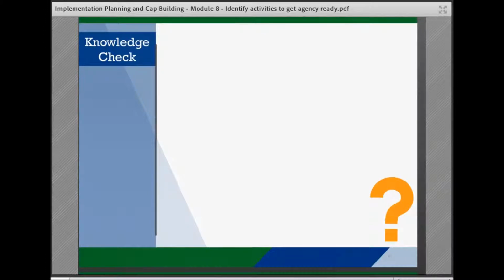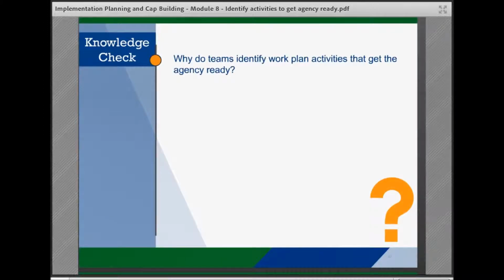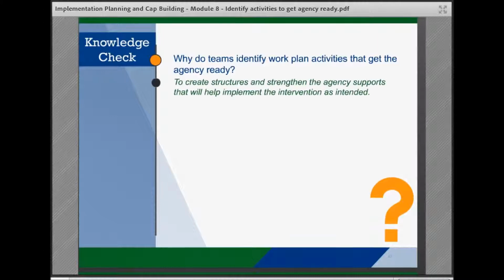Let's take a moment to check in on what you've learned about identifying work plan activities that get the agency ready for implementation. Why do teams identify work plan activities that get the agency ready? To create structures and strengthen the agency supports that will help implement the intervention as intended.